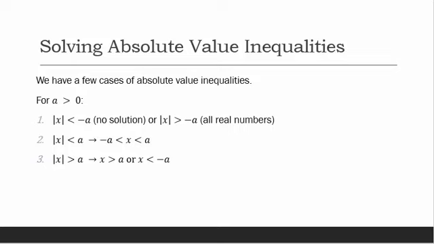Okay, so for a greater than 0, if the absolute value of x is less than -a, and so that would be the absolute value of x is less than, say, -2, we know that the absolute value of a number cannot be negative. It's always greater than or equal to 0. And so this will never happen, and we'd say no solution.